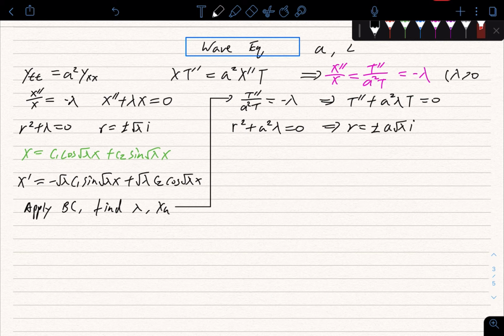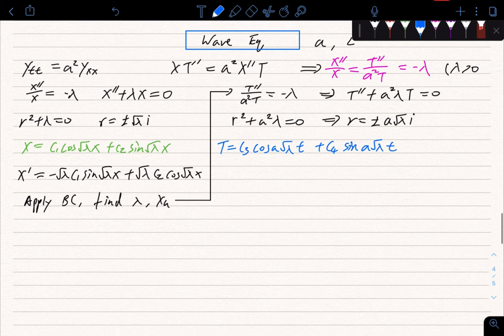So our time equation will become T equals c3 cosine of a square root of lambda t plus c4 sine of a square root of lambda t. There you go.